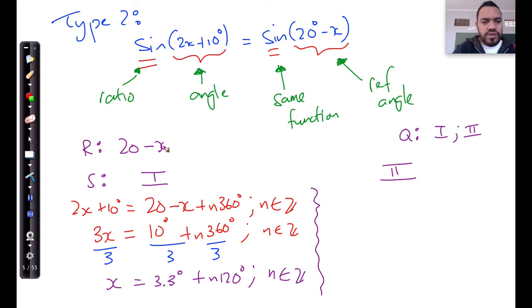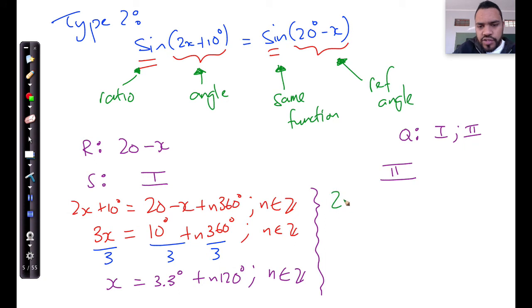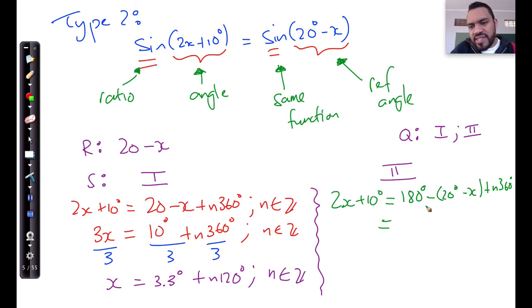So let's just do the second quadrant on this side. For the second quadrant, we do exactly the same thing, and we say, well, I've got 2x plus 10 degrees, which was the given angle, is equal to the reference angle used in the reduction formula format, which is 180 degrees minus theta, and in this case, that's going to be 20 minus x degrees, plus n times 360, such that n is an element of Z. 180 minus 20 is going to give you 150 degrees, plus x.